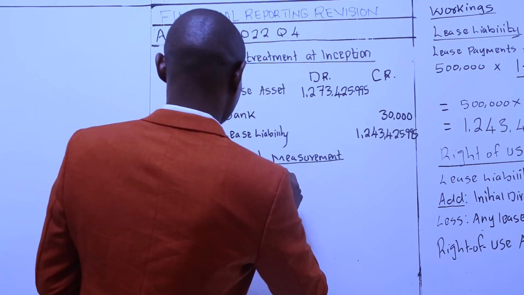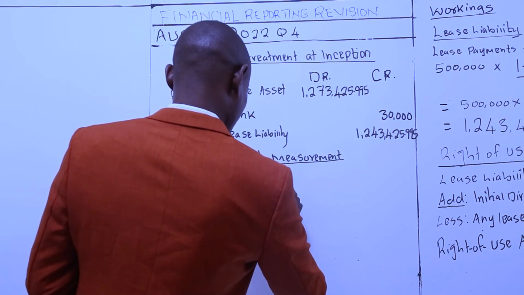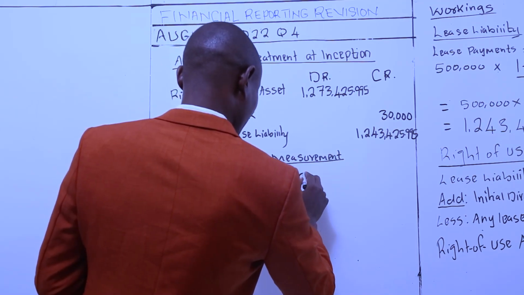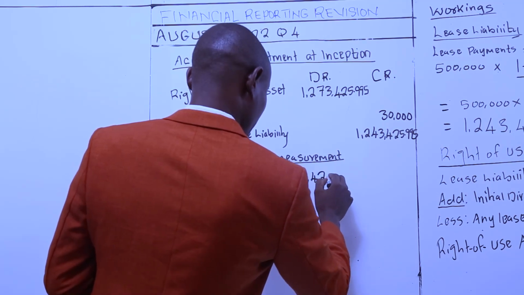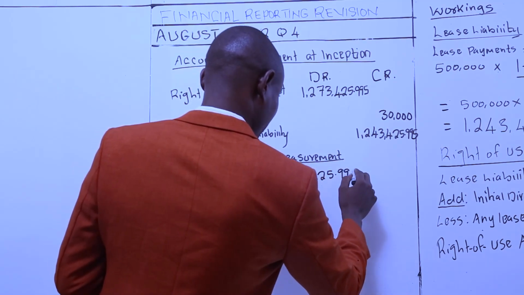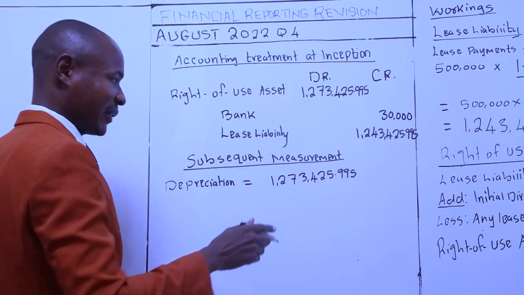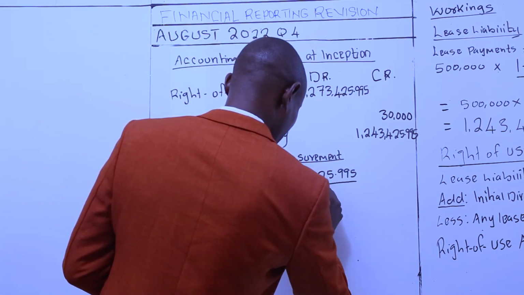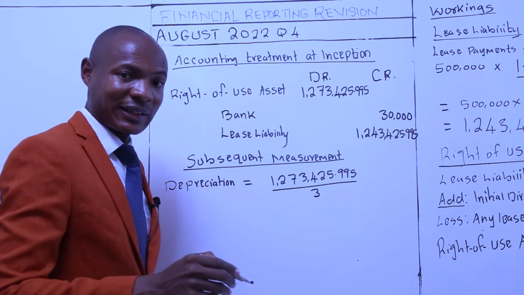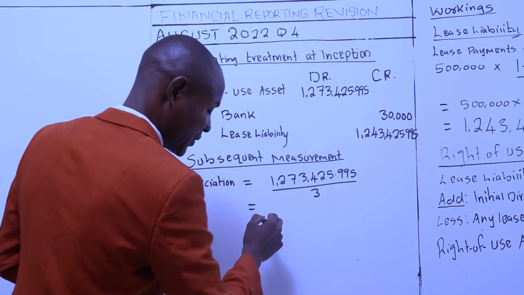We have the right of use asset amounting to 1,273,425.995. Just divide that by 3 to get your depreciation charge per year. That will give you some answer.